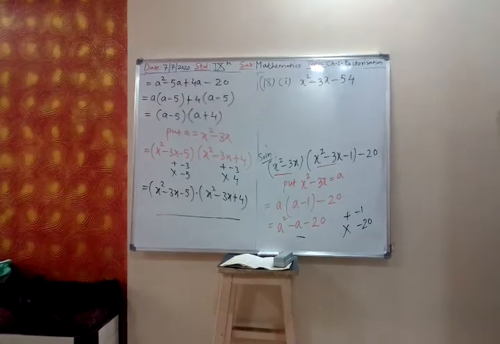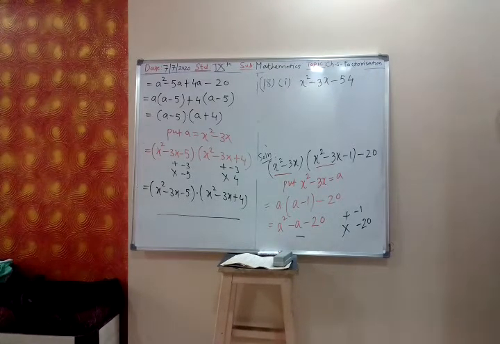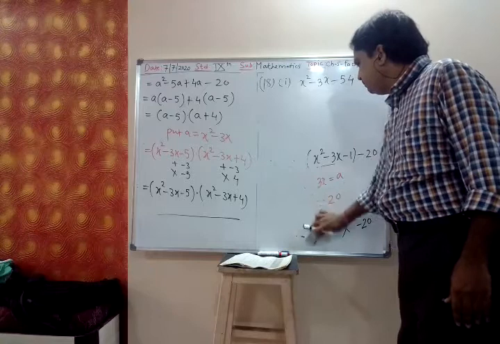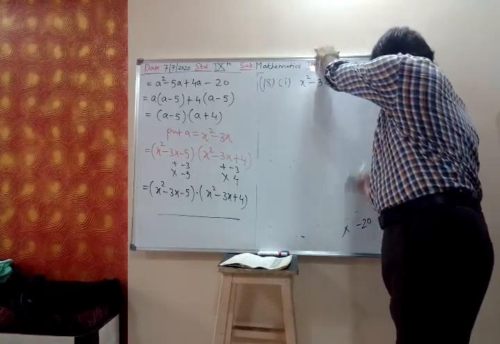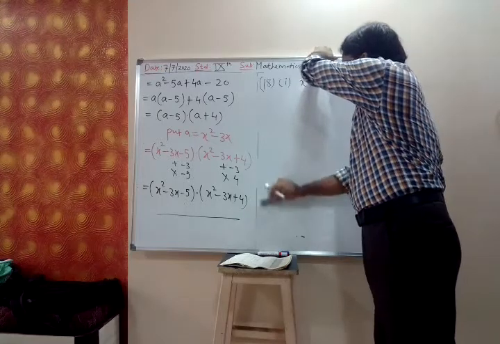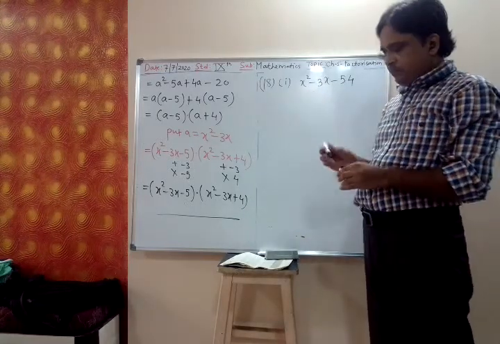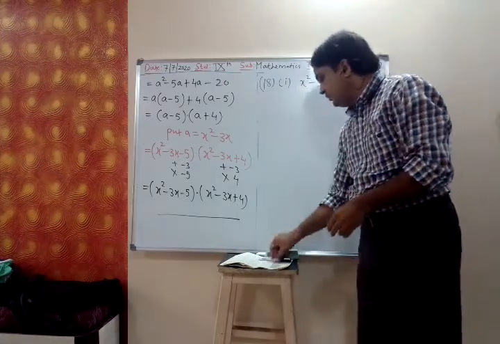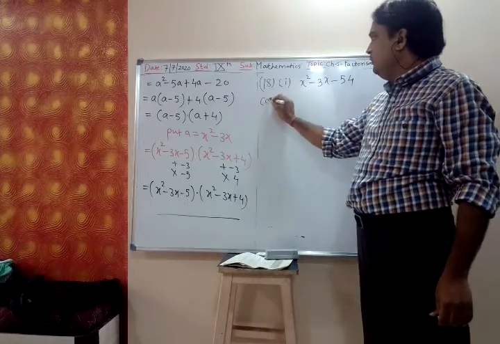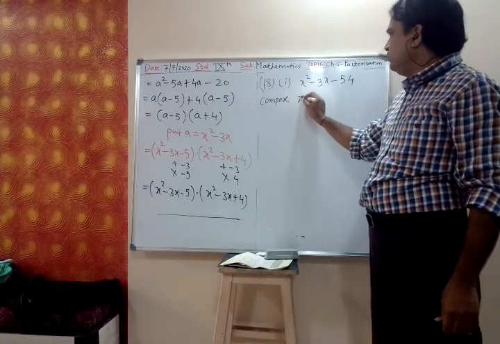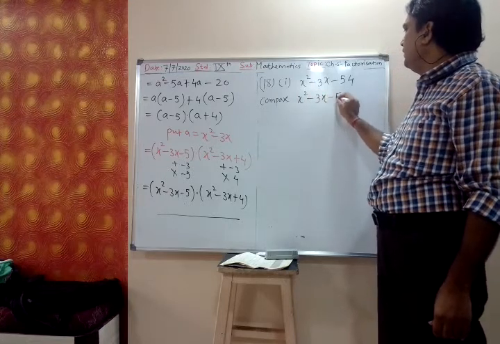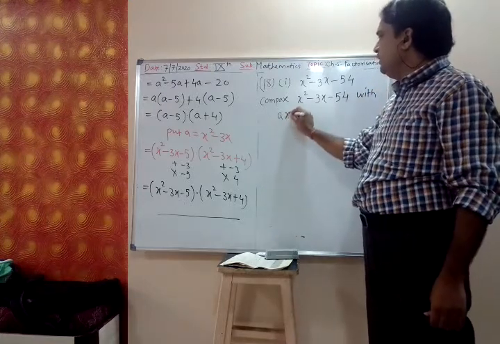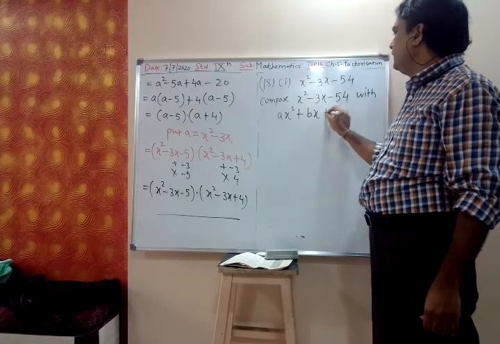To decide, we compare x square minus 3x minus 54 with our standard expression ax square plus bx plus c.